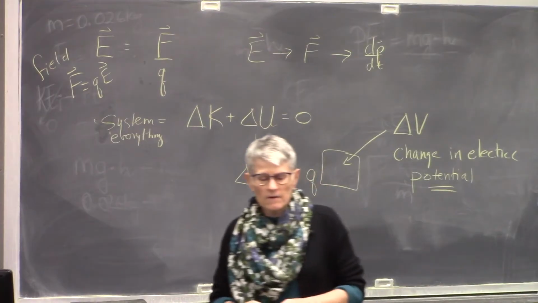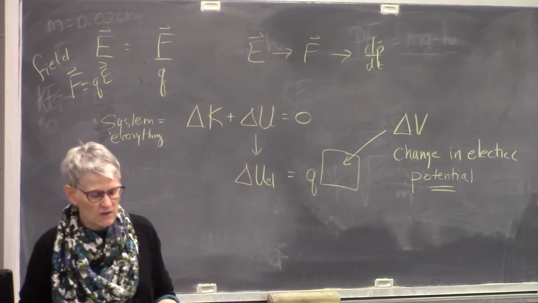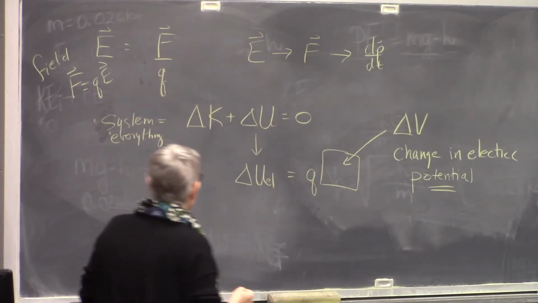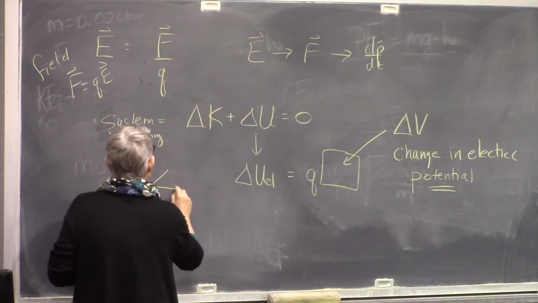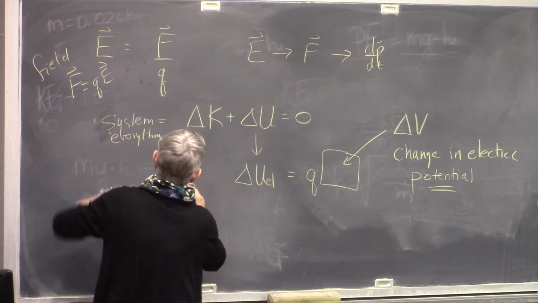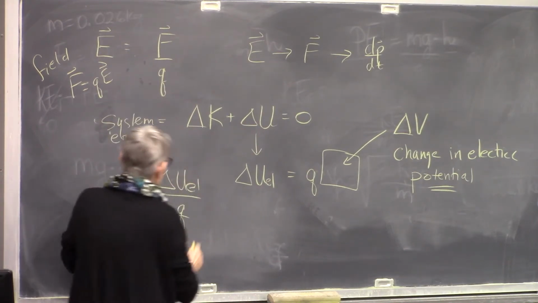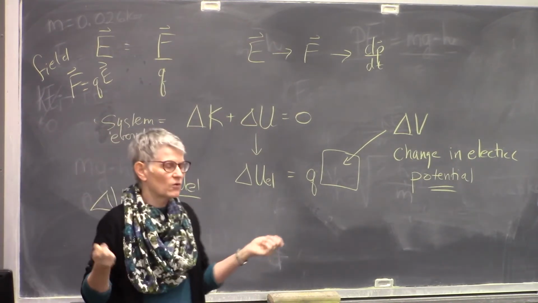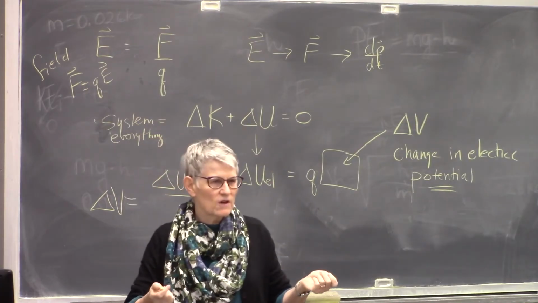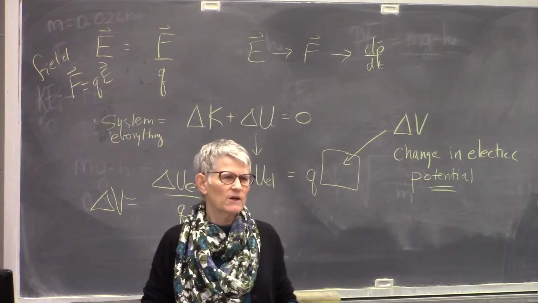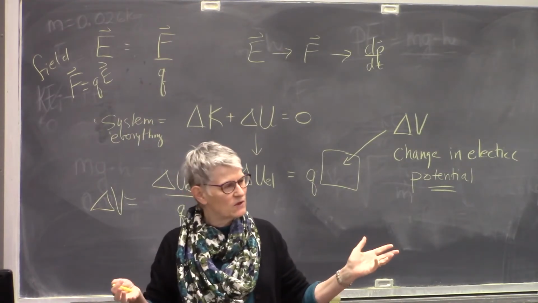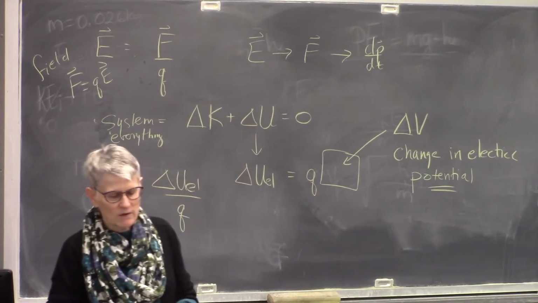So we'll find the potential, or a change in potential, is the change in potential energy per unit charge from some initial state to some final state. Because when we talk about energy, we're always talking about two different states and what happened in between them.